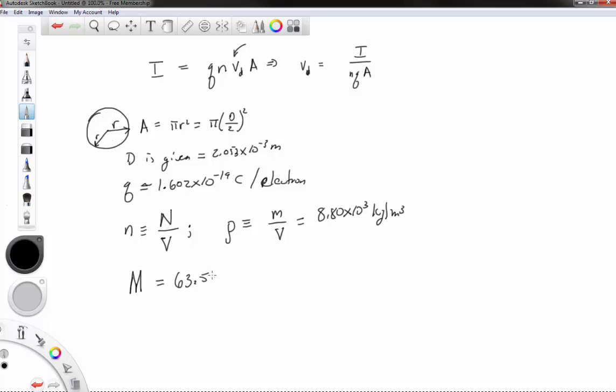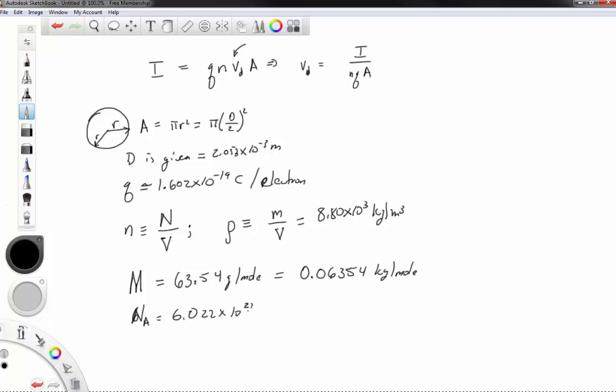And this is 63.54 grams per mole, which is 0.06354 kilograms per mole. Second thing is that we have Avogadro's number, 6.022 times 10 to the 23 atoms per mole.